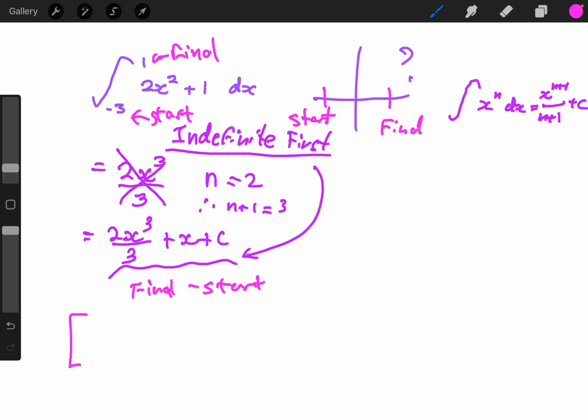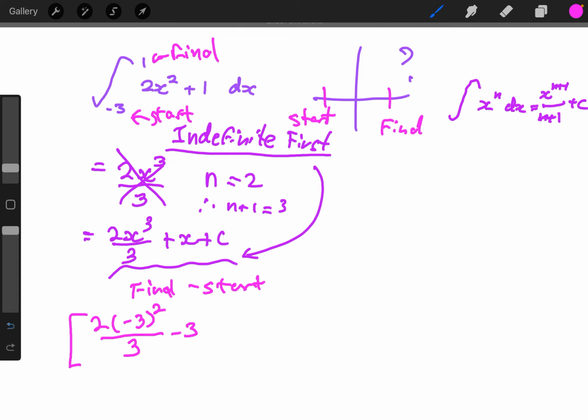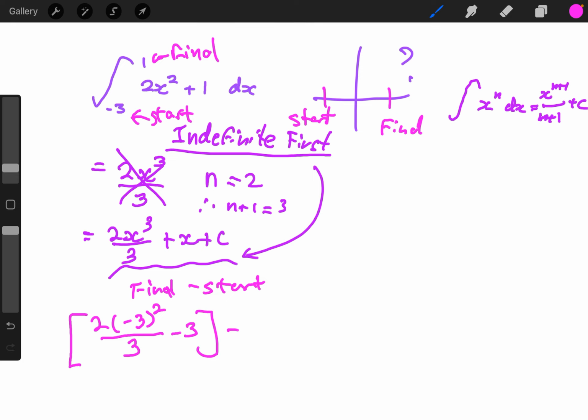we get, let's plug this stuff in, 2, and then -3 squared over 3. I'm gonna probably attempt to do this in my head, but she'll be right, hopefully. So -3, and then just ignore the c because we don't really care about it right now.